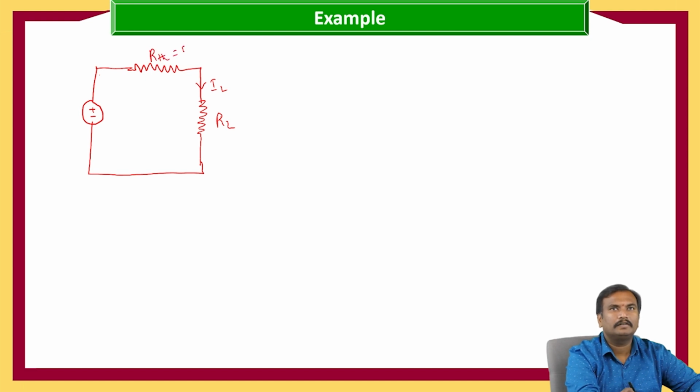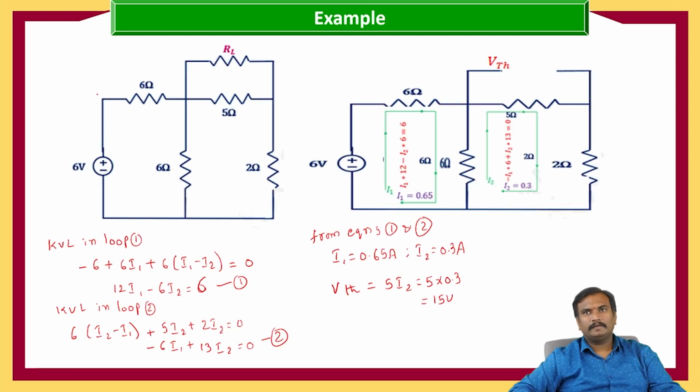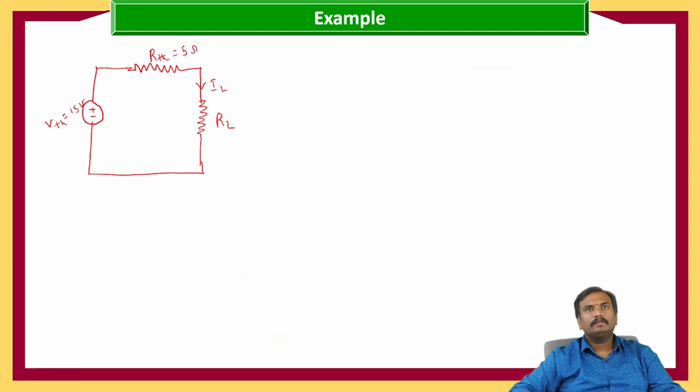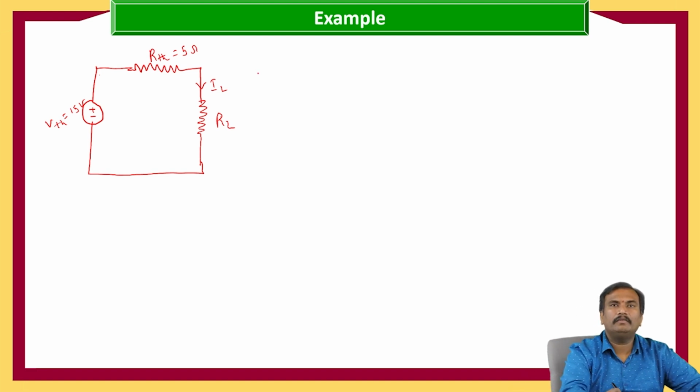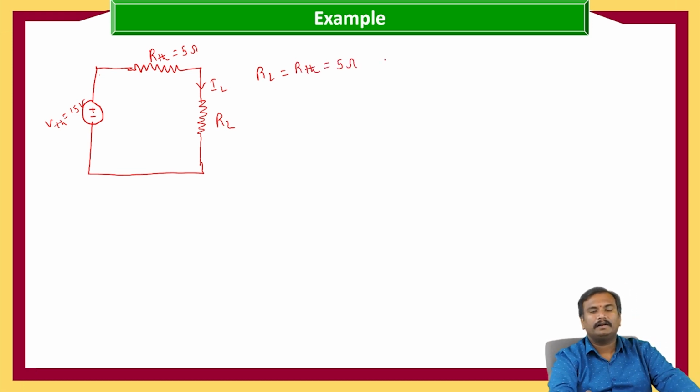We got it as 5 ohms, and this is the VTH. We got it as 15 volts. So we got VTH and RTH, and with this we can say that when load resistance is equal to RTH, then maximum power will be transferred.